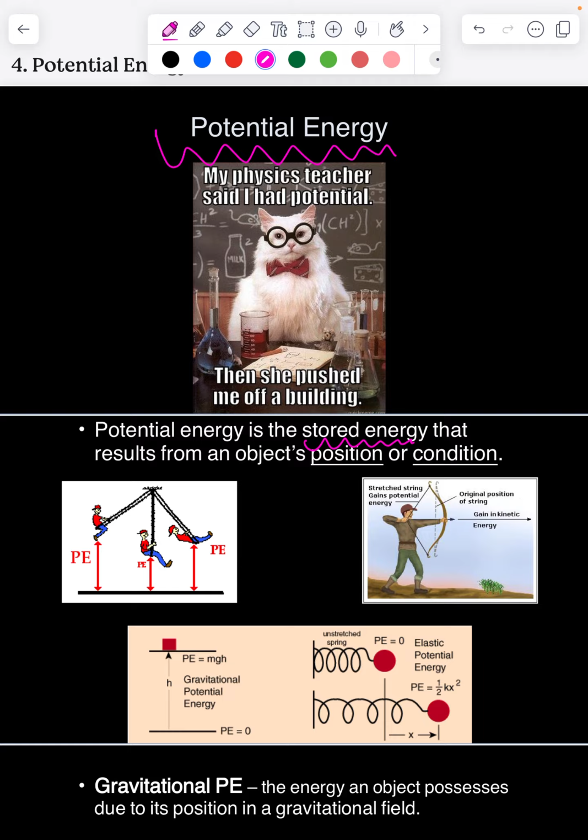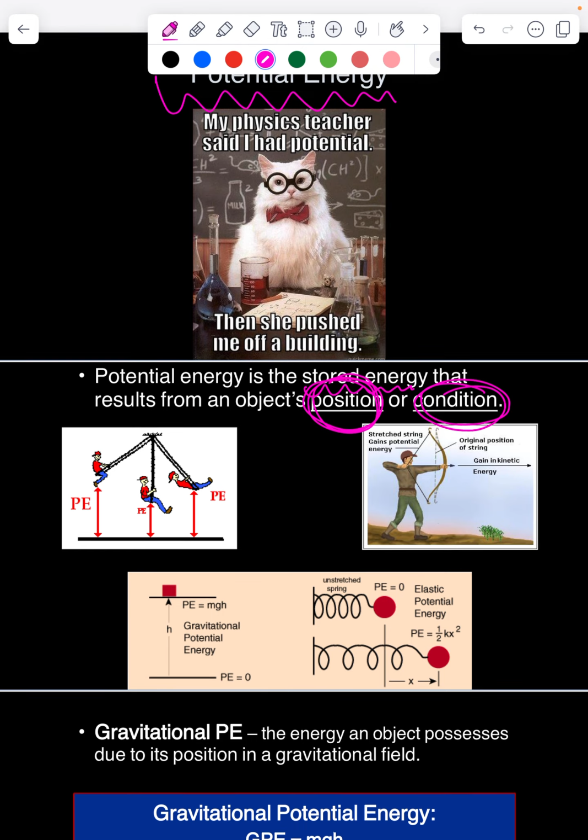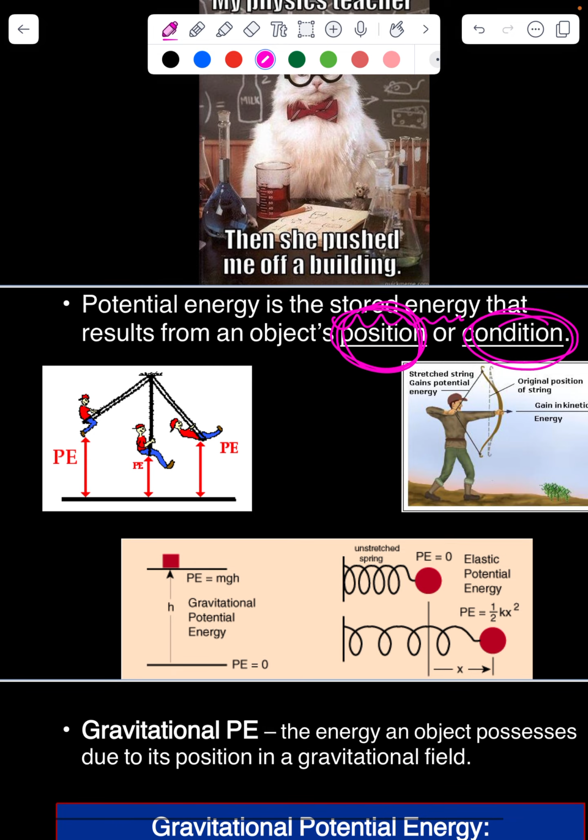The stored energy we are going to be talking about is the result of either an object's position or its condition. You can see the two different types down here. Our first type is gravitational potential energy, which you will see us represent as GPE.